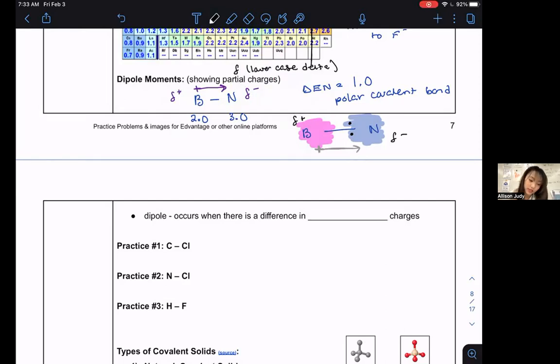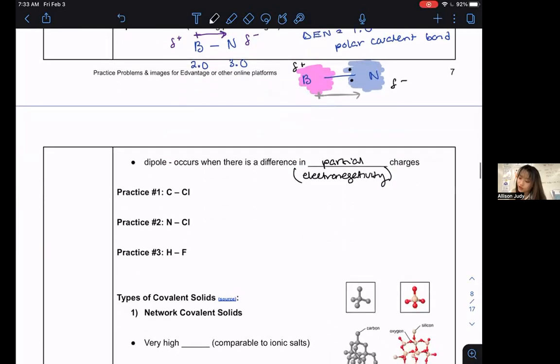So it's when there is a difference in electronegativity, or I think I actually wanted to put partial charges, which is really talking about the difference in electronegativity between the two atoms.